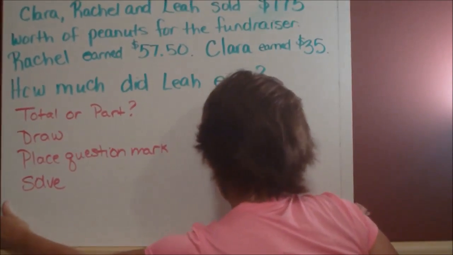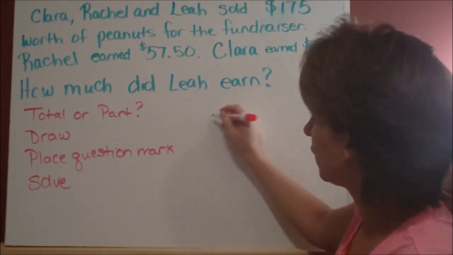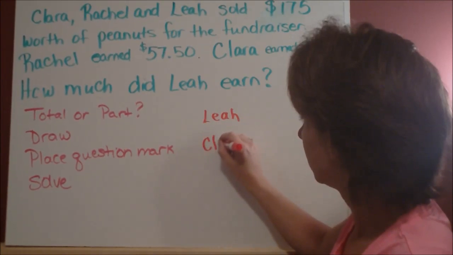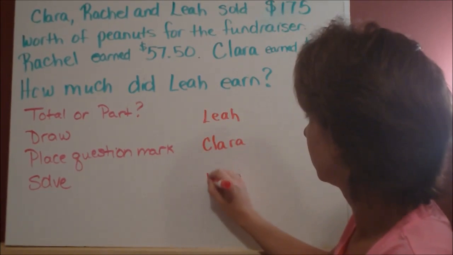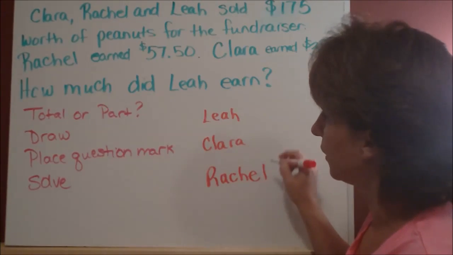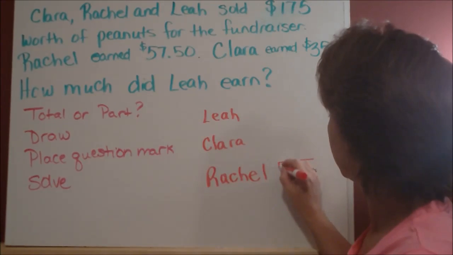Because this story is about three girls, I'm going to use 3 blocks. Leah, Clara, Rachel. And the blocks are going to be what I know. Rachel earned $57.50.